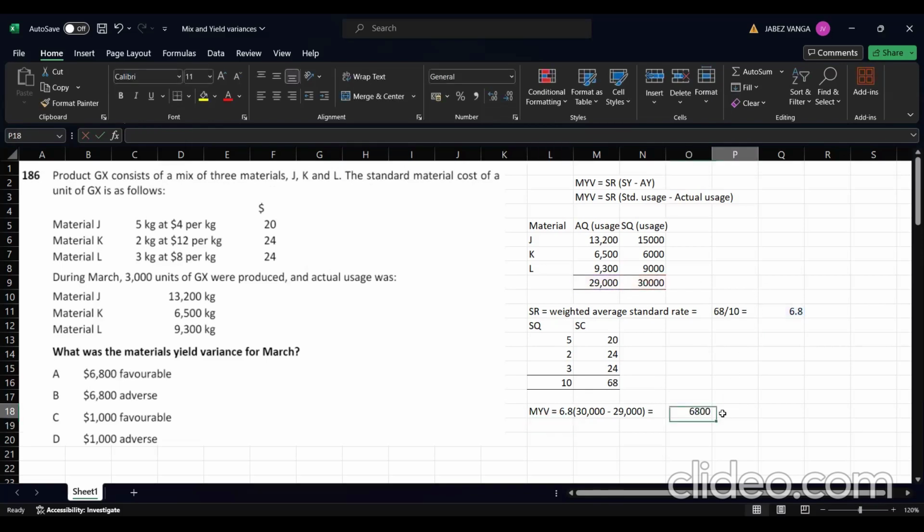Is it favorable or unfavorable? The standard usage is 30,000, but the consumption was only 29,000; less was consumed. So this becomes a favorable variance. So 6,800 is favorable. Option A is the answer, 6,800 favorable. I hope that's clear.